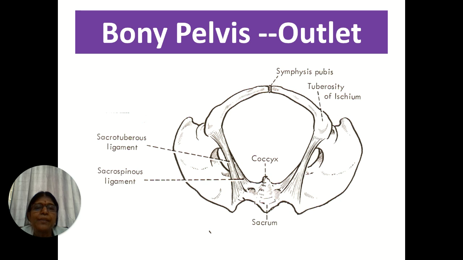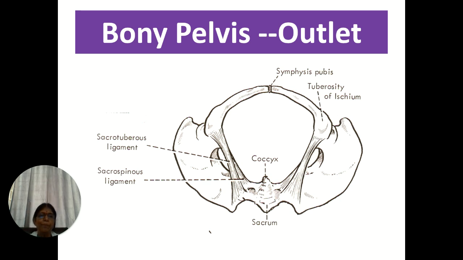At the outlet, the important diameters are the transverse diameter of the outlet, or the line between both the ischial tuberosities, which is around 11 centimeters, and the AP diameter of the outlet, from the inferior border of symphysis pubis to the coccyx, which is around 12 centimeters.